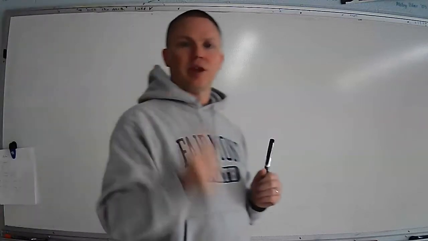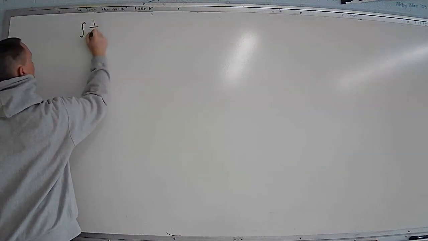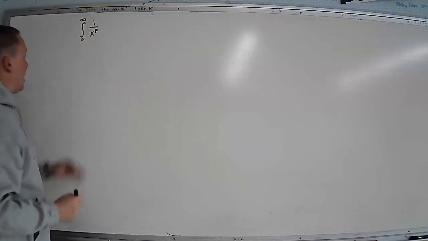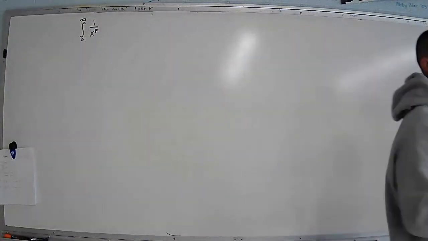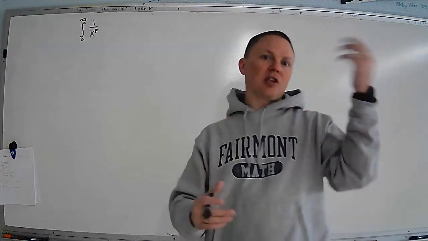So here we go. Here's our quick little check to determine if certain types of integrals converge or not. Those are integrals of the form 1 over x to a power, from a to infinity. I like putting 1 there, but you'll see other numbers there. Like 1 over x squared, 1 over x cubed.